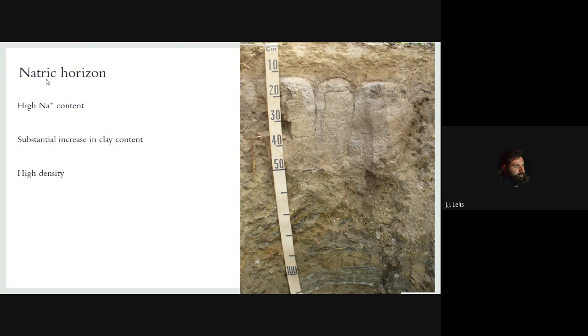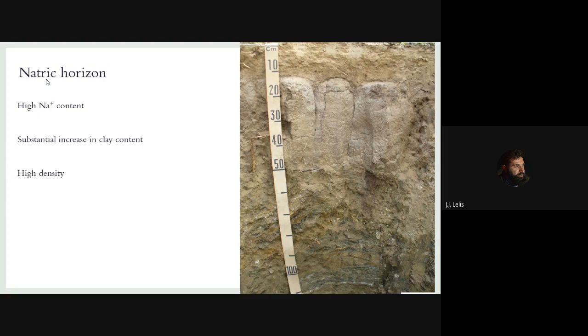This substantial increase in clay content follows the same rules that we saw for the argic horizon. So the natric horizon is quite similar to the argic horizon, but here the increase of clay content in the subsurface is due to sodium in these environments.